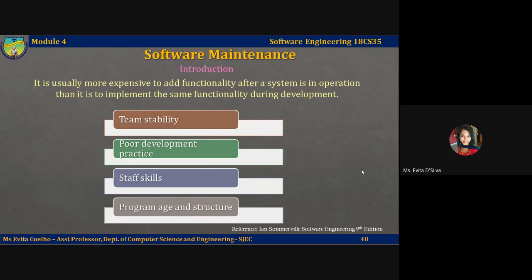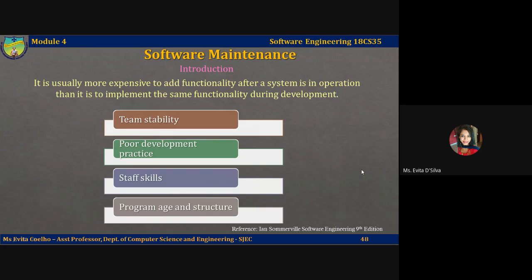The second reason is poor development practice. The contract to maintain a system is usually separate from the system development contract. That is, there may be two different contracts signed with different teams: one team to develop the system and another team to maintain the system. The maintenance contract may be given to a different company rather than the original company which was developing the system.